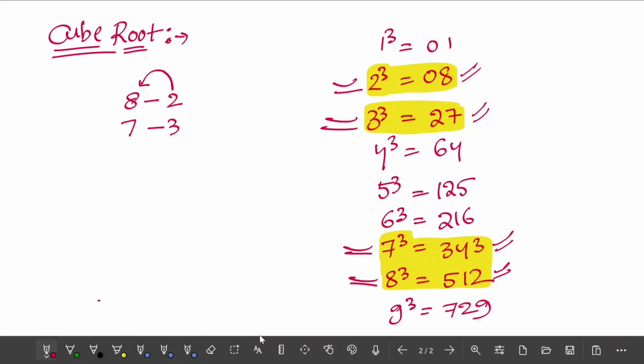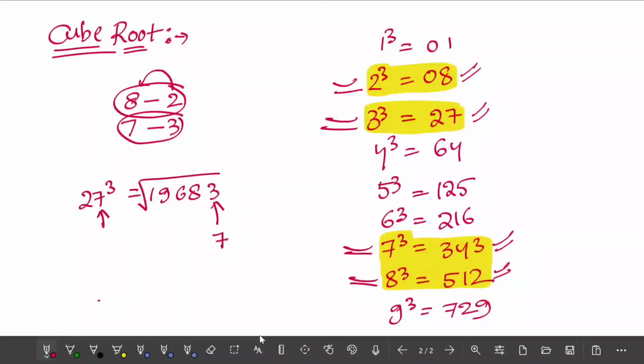Sir, we didn't get it. 27 cube, you know what is 27 cube? 19683. So for this cube number, if I see 3, then I have to put 7 at its units place. These two are connected.